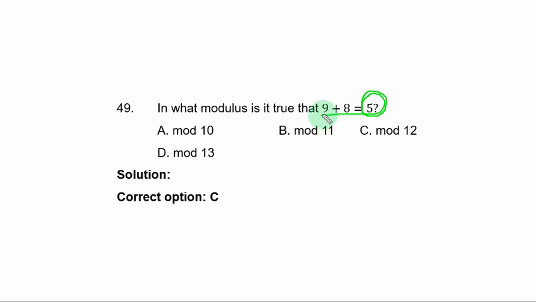Now 9 plus 8 is 17. So which number will divide 17 such that the remainder is 5? That number is 12. So the addition is true in modulo 12. C is the correct option.